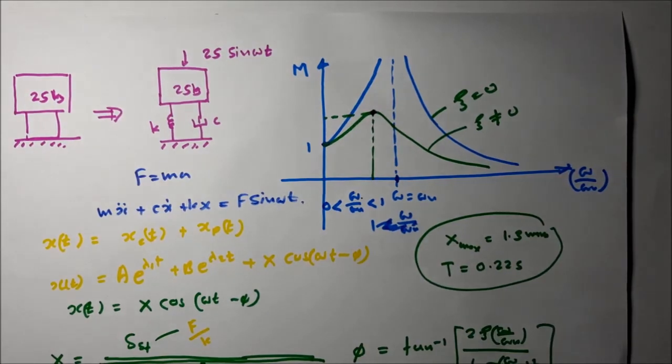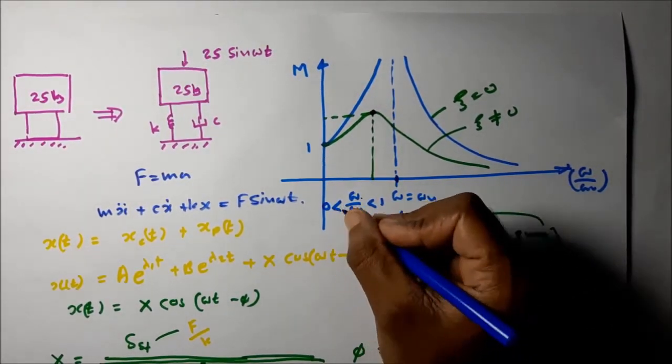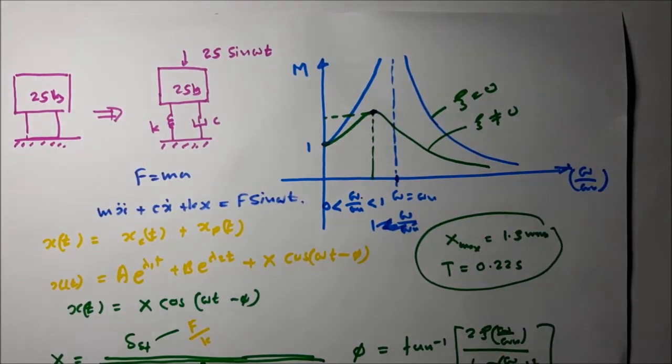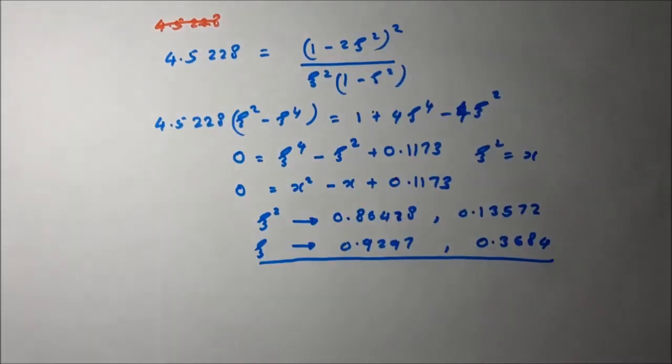Omega divided by omega n less than 1 and also greater than 0, this maximum occurs. Then what is the omega divided by omega n in this equation?